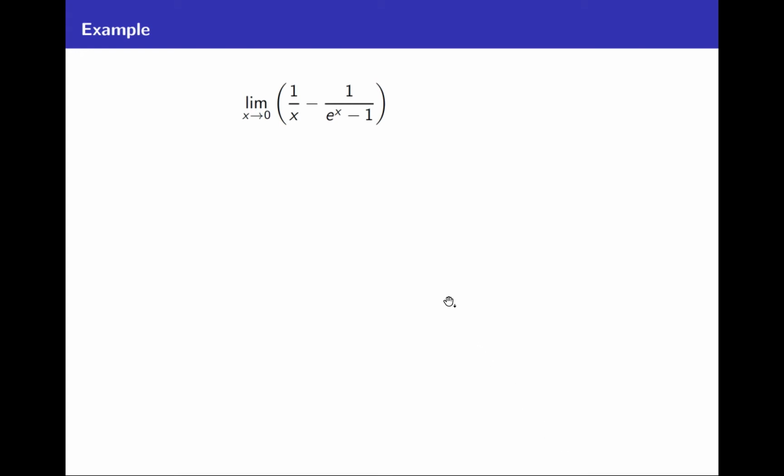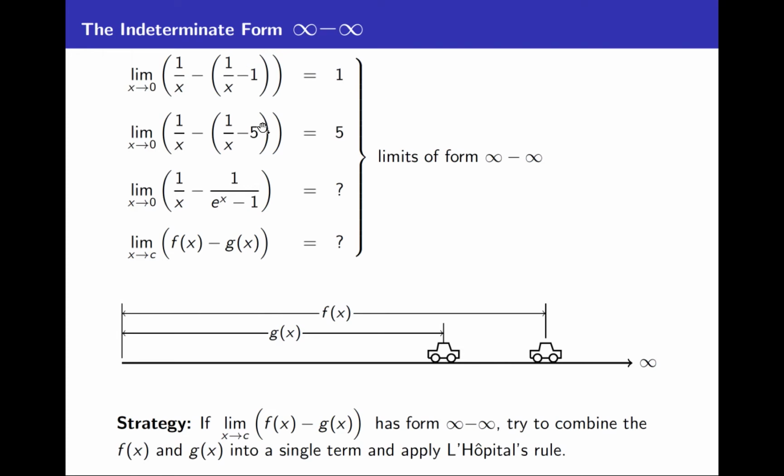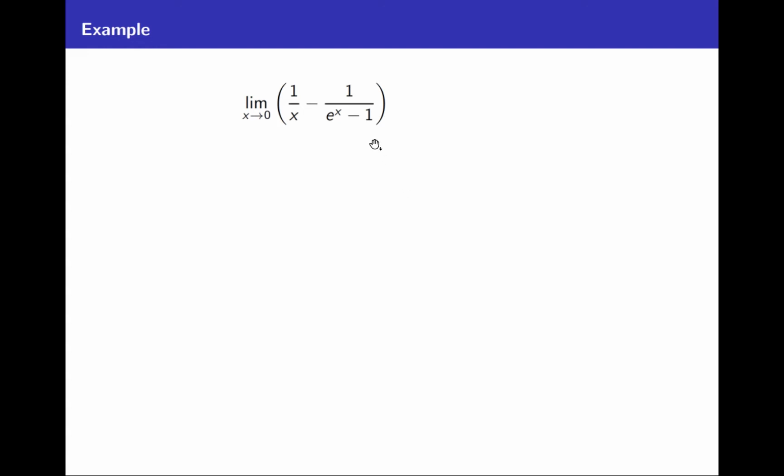So, as an example, let's take the limit we looked at on the previous page, this one right here. We said, what is the limit as x goes to 0 of 1 over x minus 1 over e to the x minus 1? Let's try to figure it out. And this time I'll work vertically rather than horizontally.